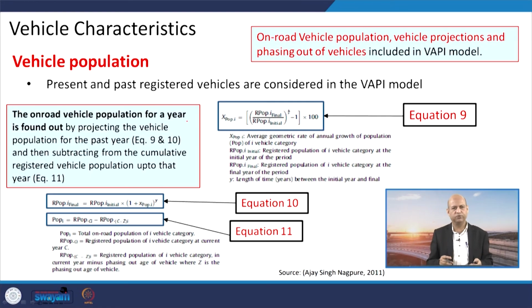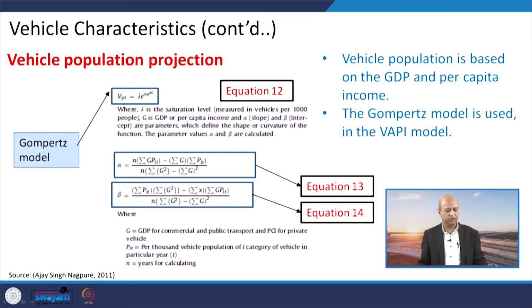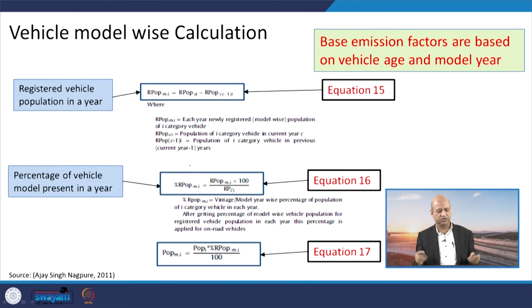That kind of calculation parameters are there for estimating a better vehicle population. And there is population projection, because this model can also be used for future estimations, like after 10 years, how much emissions will be there because of growth of different vehicle categories.